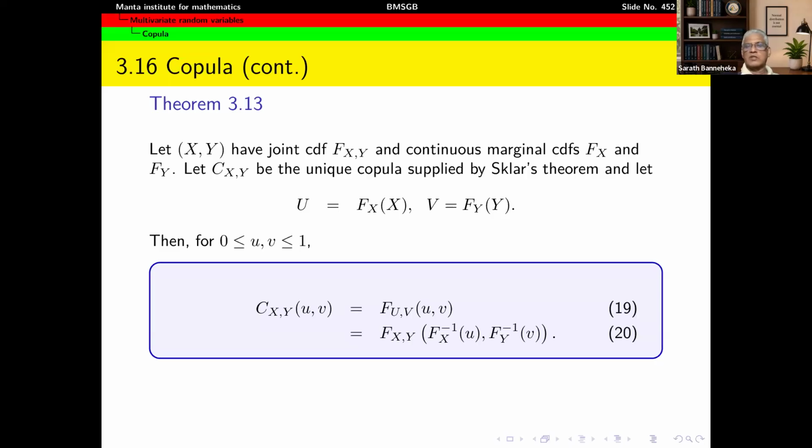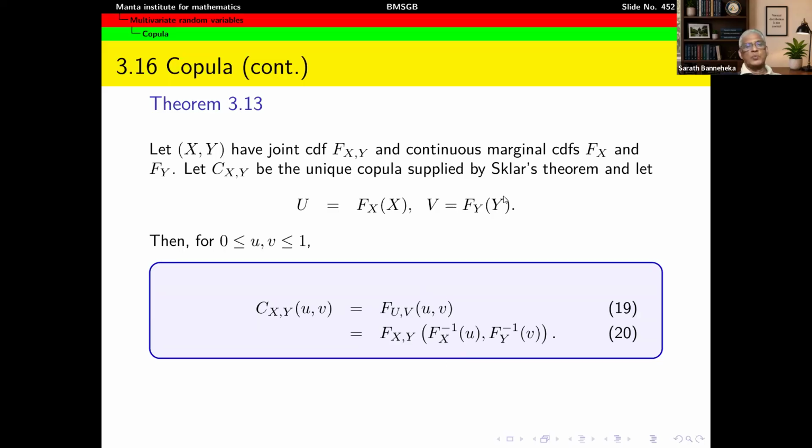Right. That means we will show that that unique function or the unique copula related to the joint cumulative distribution function F_XY is given by this form here. And then for a particular F_XY, then we can get the actual expression. But generally, this is the form.